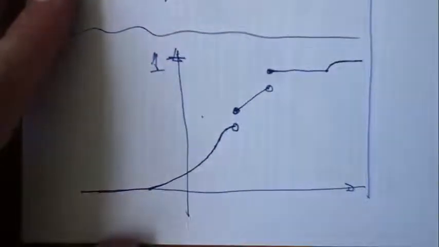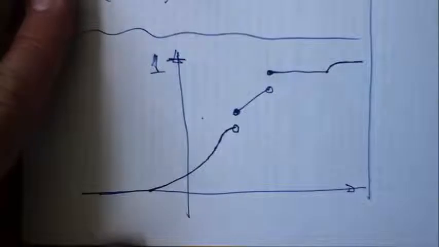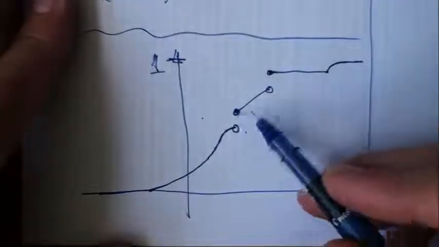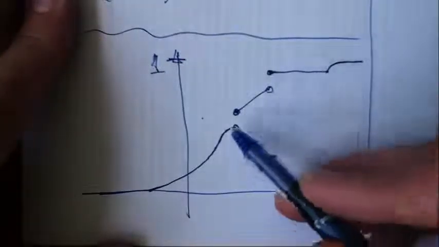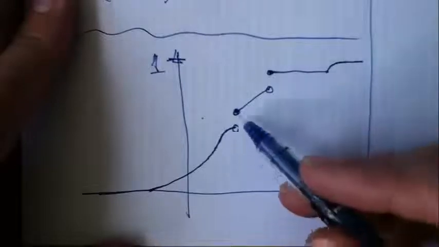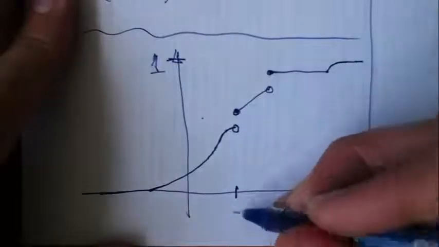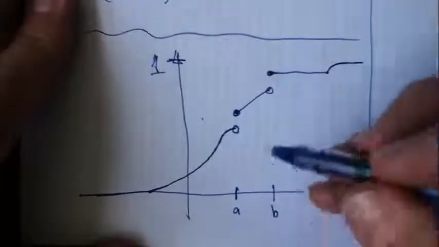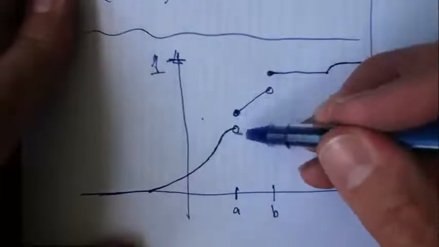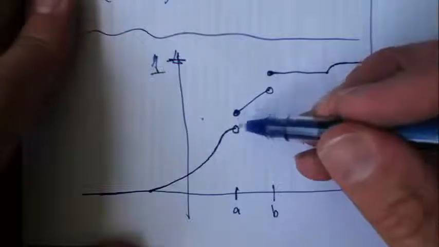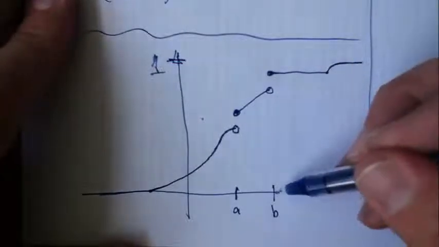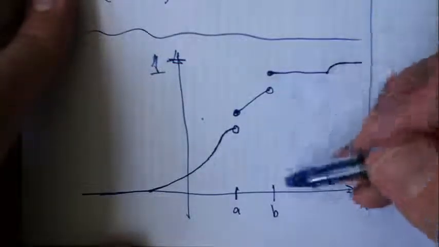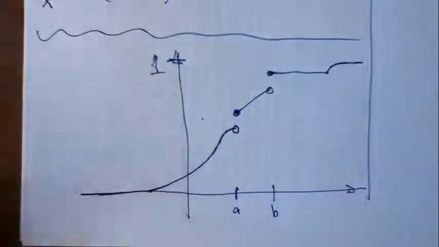That's also a CDF. It's got some jump positions there. So if this is A and this is B, then this means there is a non-zero chance that this random variable can take on the value of A, and a non-zero chance that the random variable can take on the value of B.